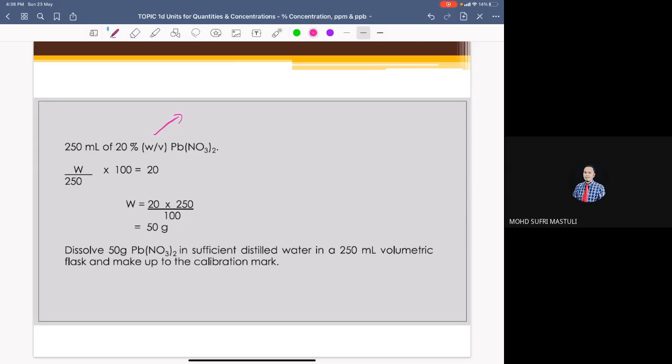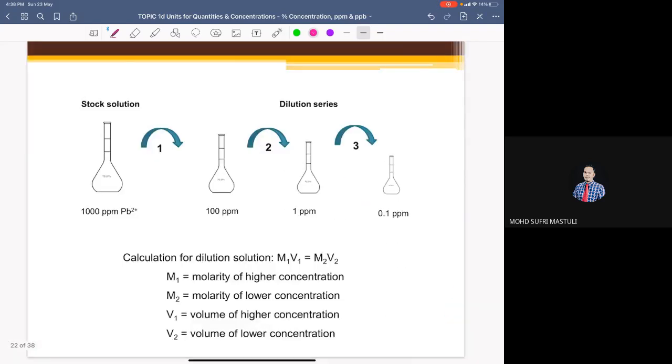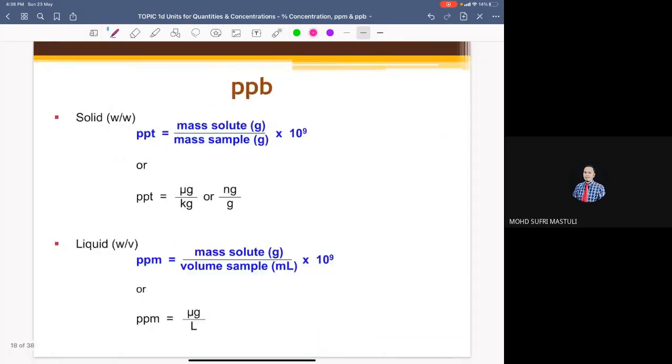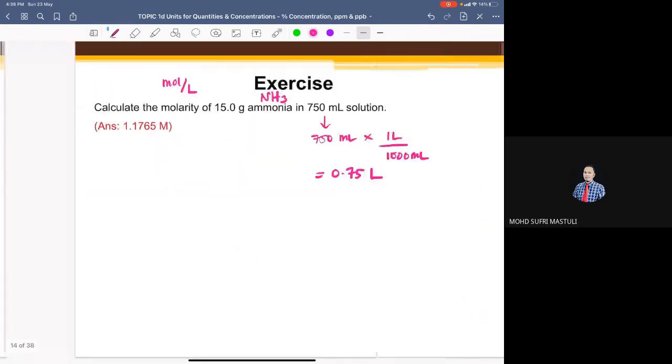Weight per volume means that it is gram per milliliter. Okay, so gram per milliliter. Okay, see, double check.